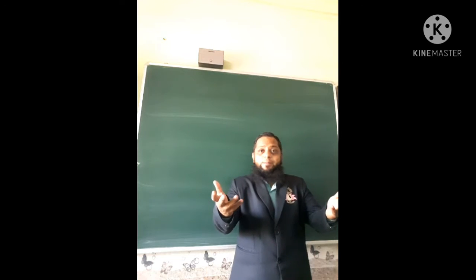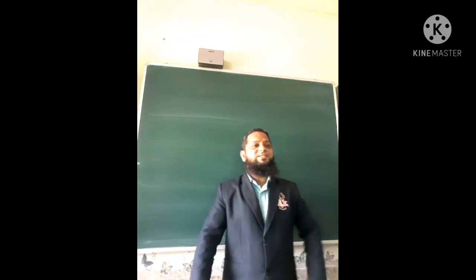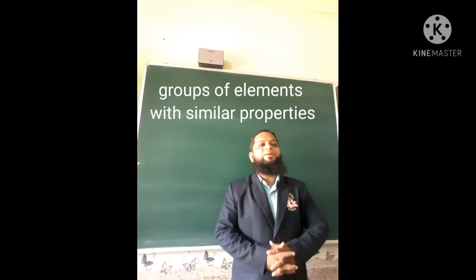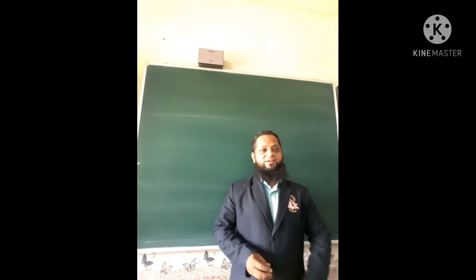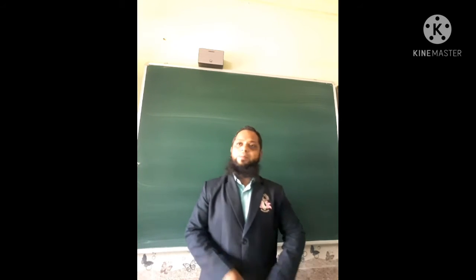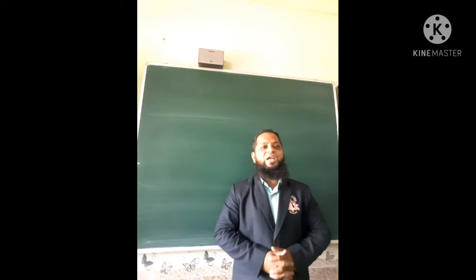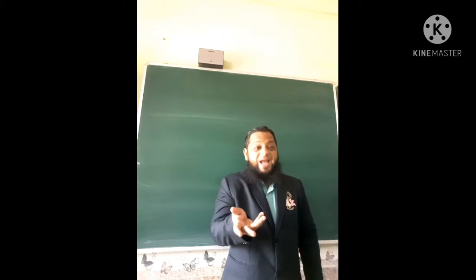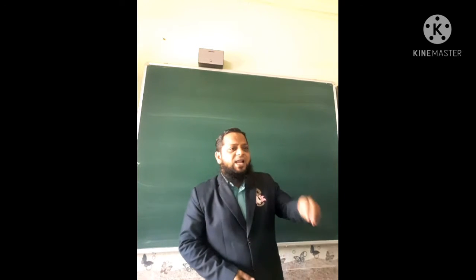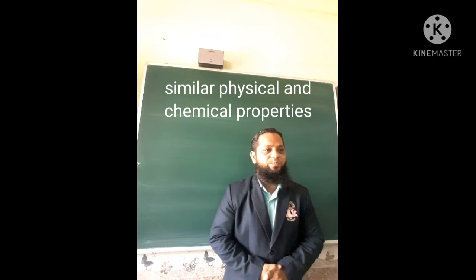What are Döbereiner's triads? Döbereiner's triads were groups of elements with similar properties that were identified by the German chemist Döbereiner. He observed that groups of three elements, called triads, could be formed in which all the elements shared similar physical and chemical properties.